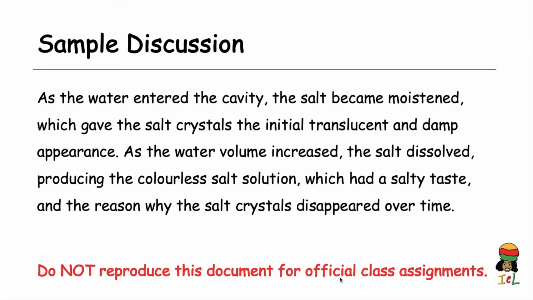As the water entered the cavity, the salt became moistened, which gave the salt crystals the initial translucent and damp appearance. As the water volume increased, the salt dissolved, producing the colorless salt solution, which had a salty taste and the reason why the salt crystals disappeared over time.